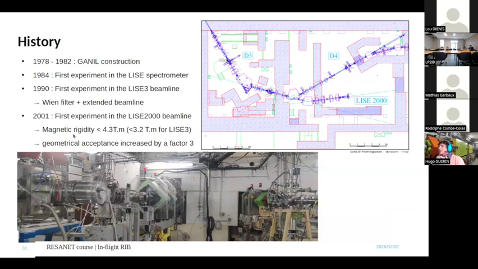And for the LISE 3 spectrometer, it's only 3.2 Tesla meter. And also because of the conception of this beamline, the geometrical acceptance is increased by a factor 3.